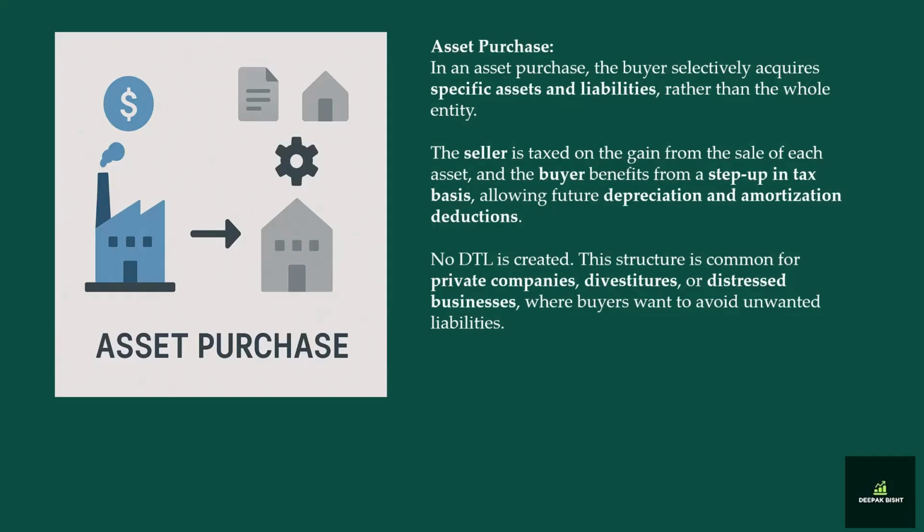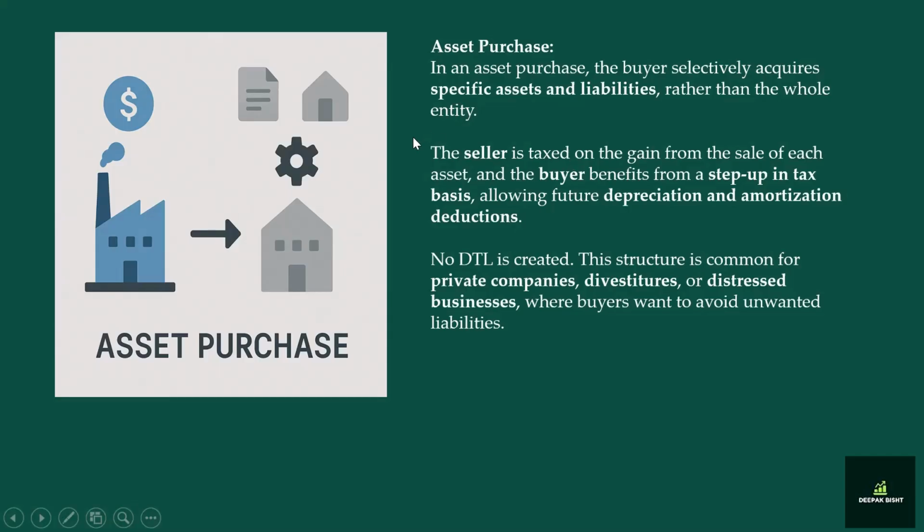So there is often double taxation in asset purchases. If the company has already paid the taxes and the shareholders, who are the owners of the company, are also paying taxes, this means there was a double taxation.